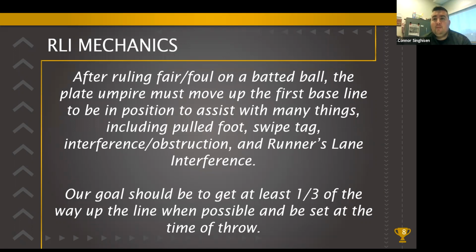Now, if the catcher gets up and airmails it 40 feet over the first baseman's head and had a reasonable opportunity to make a decent throw to first base, am I going to call that? Probably not. If it's anywhere near where the fielder could have fielded it, I'm going to call it.